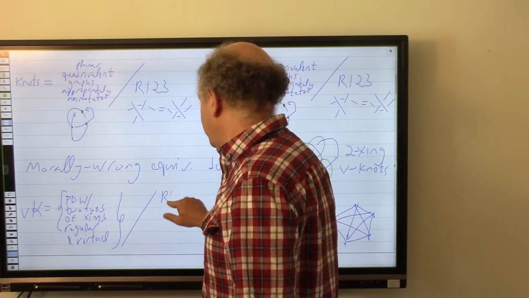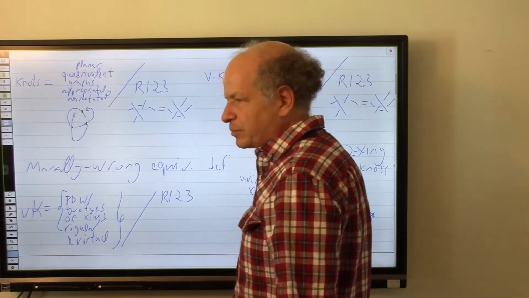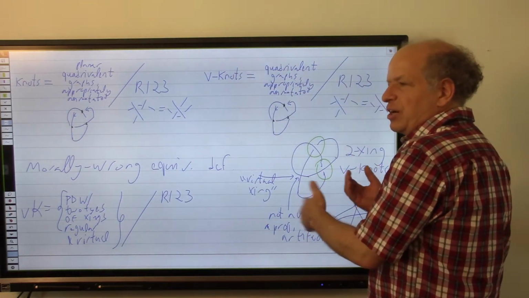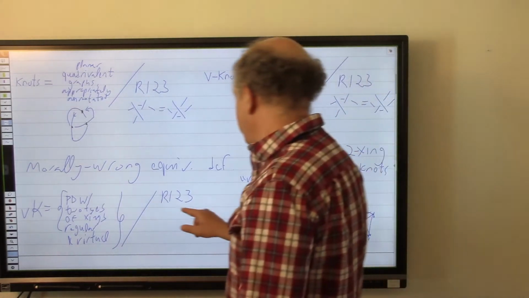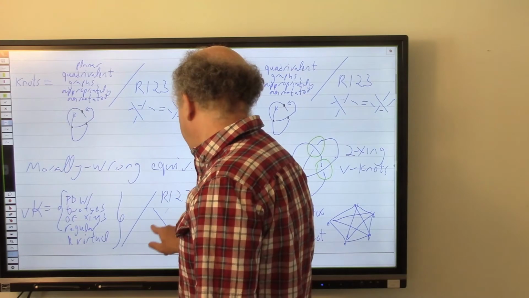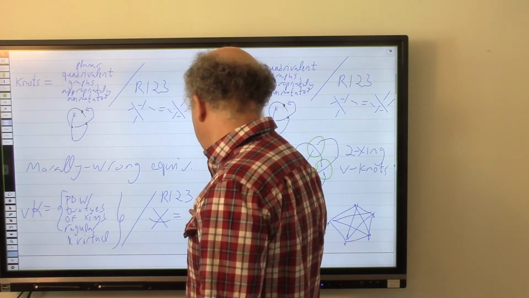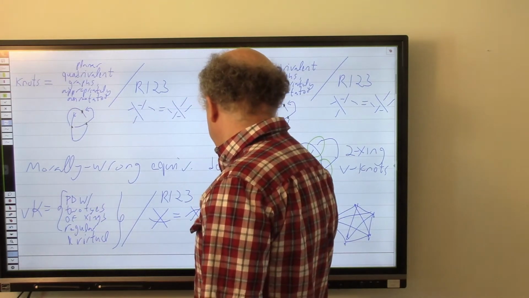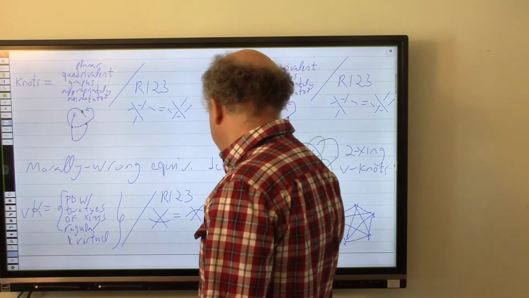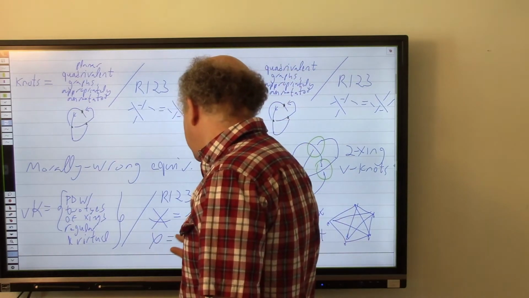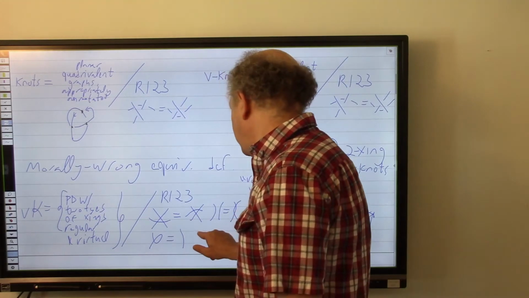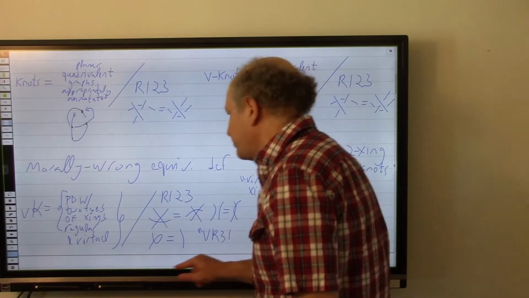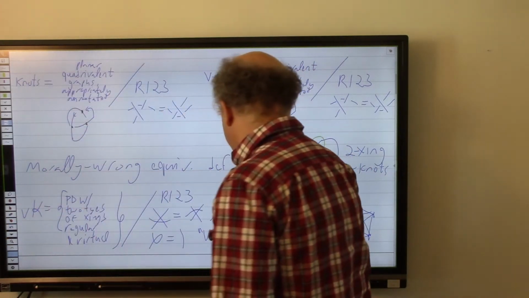Okay, we have Reidemeister 1, 2, and 3 as before. We have relations that say that you can move virtual crossings across each other at no cost. So you have this is equal to that, this is equal to that, and this is equal to that, and these are called virtual Reidemeister, well, the order I wrote them, 3, 2, and 1.